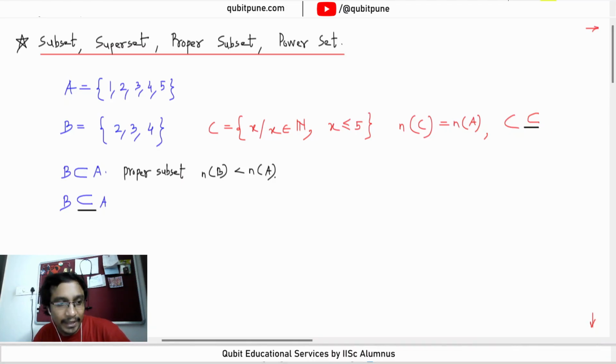So therefore we add that horizontal line here. A proper subset means that A will always have at least one element which does not belong to that set. I hope you understand that. But when I want to say that every set is a subset of itself, then I will use this symbol.